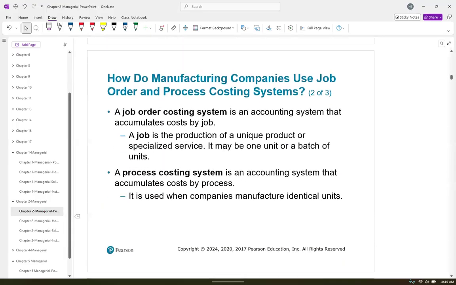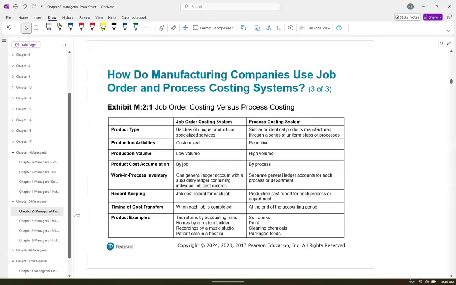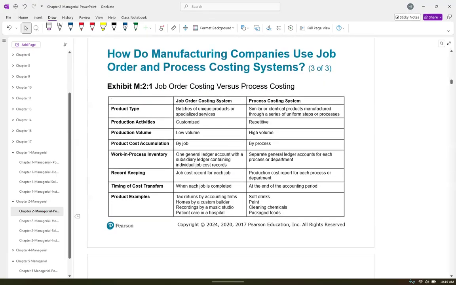So I've kind of already talked about the difference between these two. So I'm going to jump on down to the next one. They give us some examples of job order costing versus process costing. So the product type, job order is batches of unique products or specialization services. Process costing is going to be similar, identical items that are manufactured through a series of uniform steps and processes.